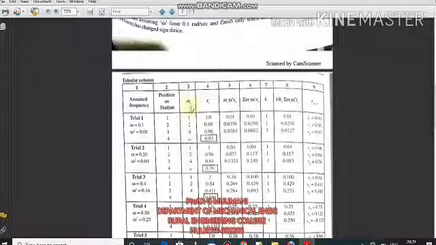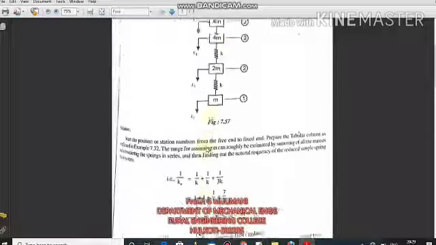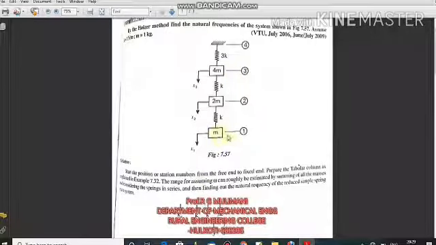Next, third column, it is masses 1, 2, 4, infinity. For this problem, the mass at the first position is m. For this problem, m is equal to 1 kg. So it is 1, 2m, 2 into 1 is 2, 4 into 1 is 4, and it is a fixed end.